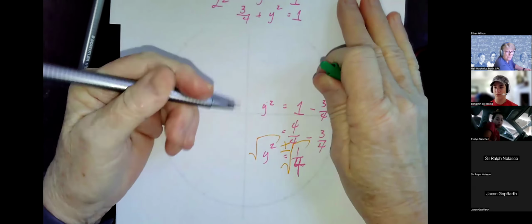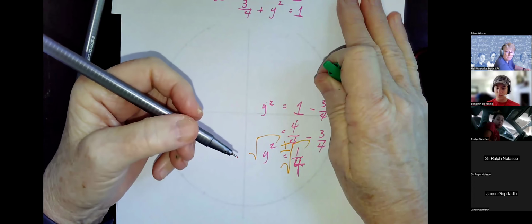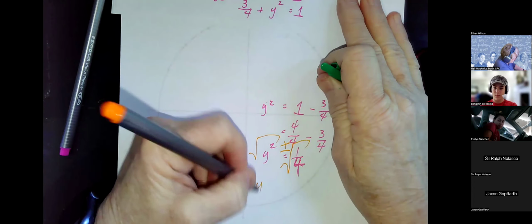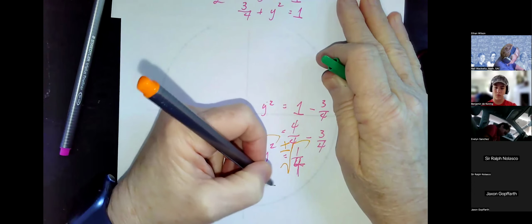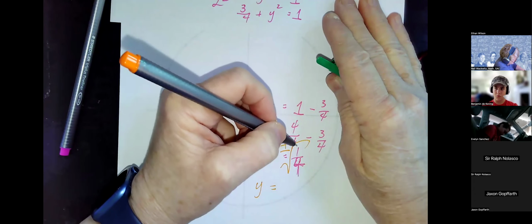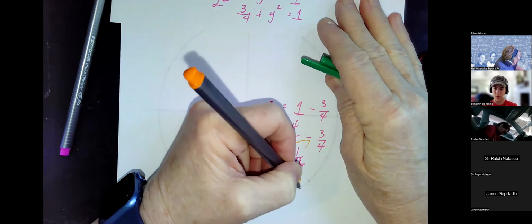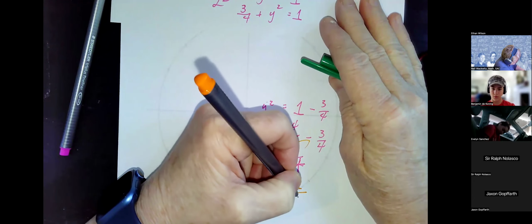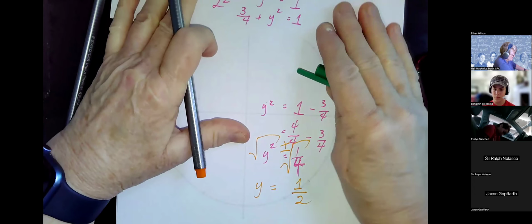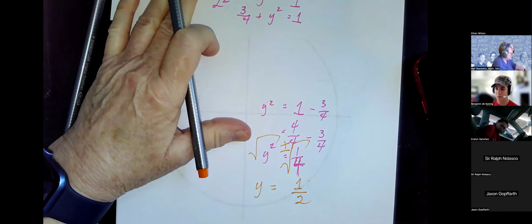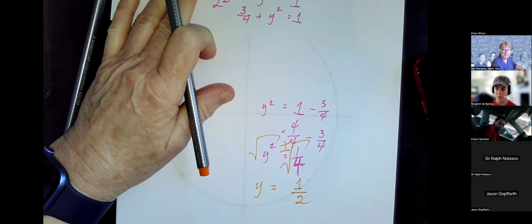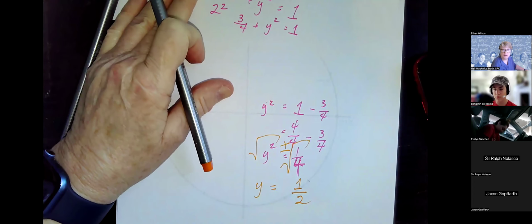So the square root of y squared is y, the square root of 1 is 1, and the square root of 4 is 2. So y is plus or minus 1/2. But this time, does it make sense to blow off the plus or minus?